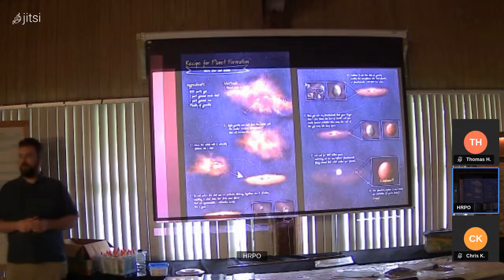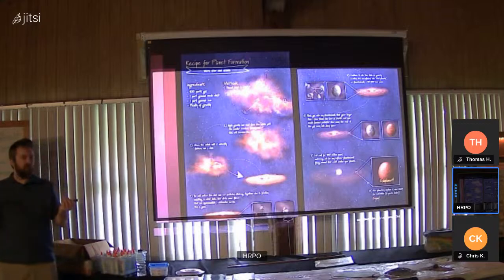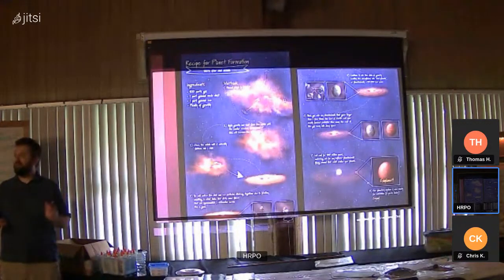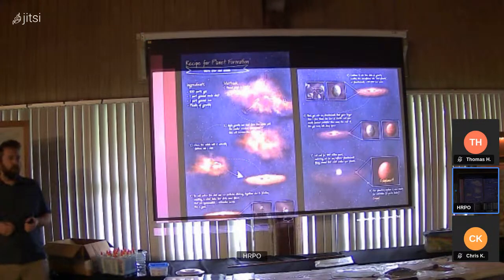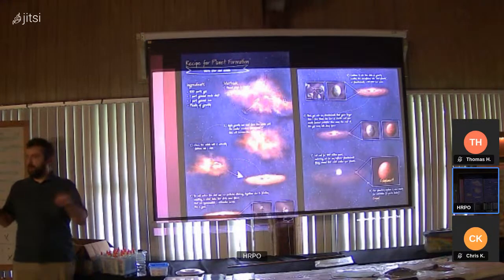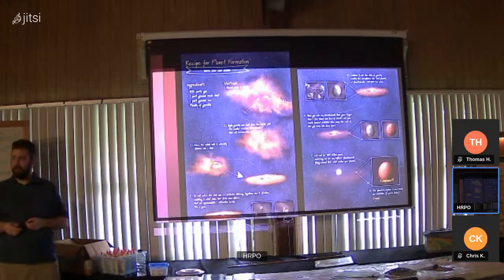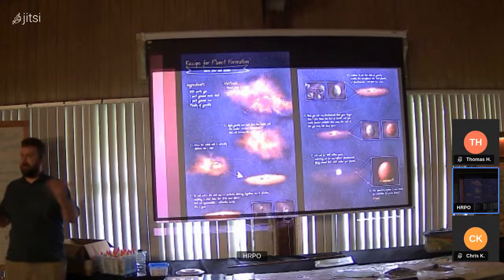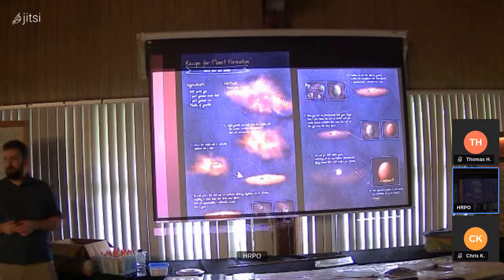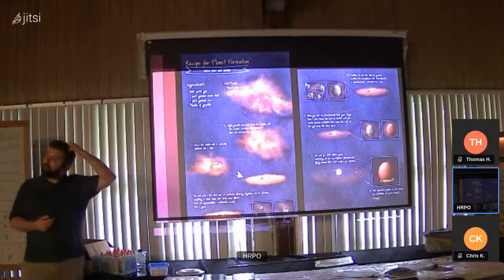But generally you need something cold for gravity to take over, because gravity, although it holds us to the Earth, is incredibly weak. And so you need lots of matter to provide any significant force. And so if you have things moving around, which temperature is basically just a measure of how fast things are moving around if they're in a gas, you disrupt that gravitational collapse.